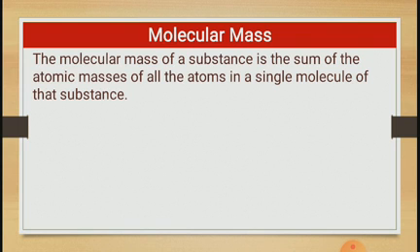Okay, see. Next topic is molecular mass. Okay, students. So molecular mass of a substance is the sum of atomic masses of all the atoms in a single molecule of that substance. Okay, so students, listen.